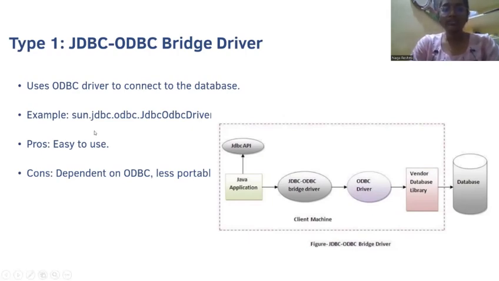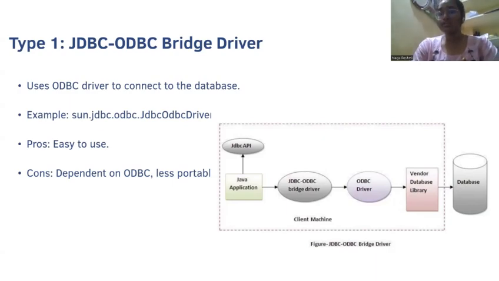The example uses sun.jdbc.odbc.JdbcOdbcDriver. So here we are using ODBC as a bridge between the JDBC and the database. The pros of this driver are it is very easy to use, and cons are it is dependent on ODBC and it is less portable.